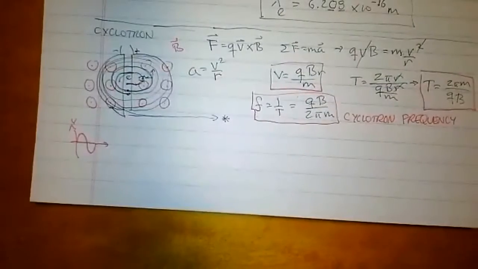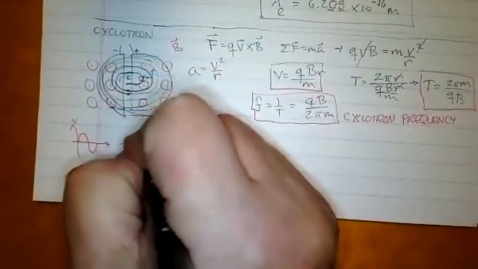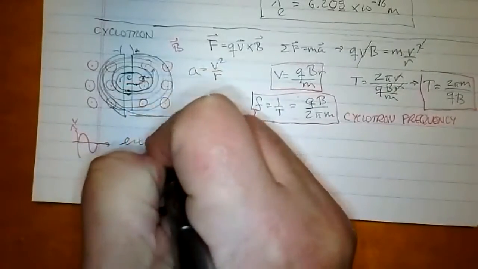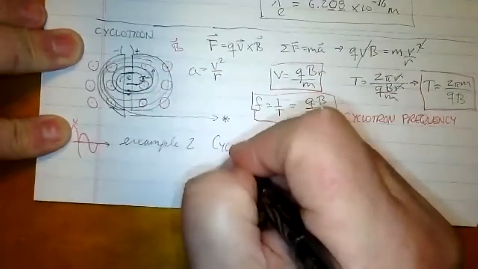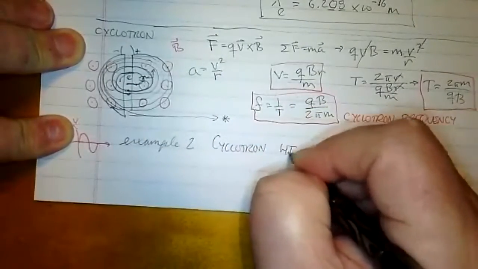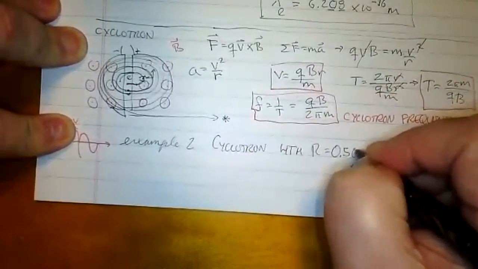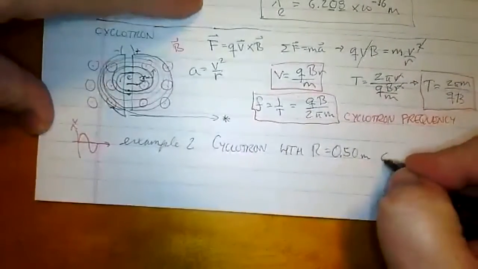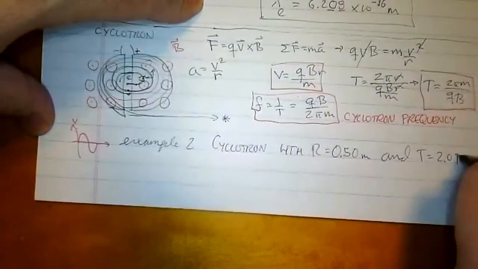So let's look at an example. Let's say we have a cyclotron. So here's example 2. Cyclotron with R equal to 0.50 meters and B equal to 2.0 Tesla.